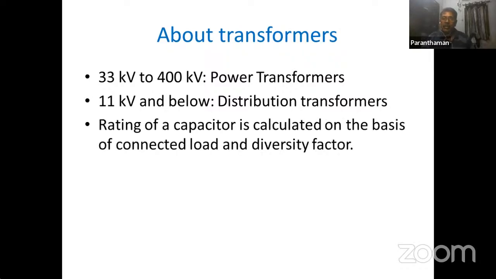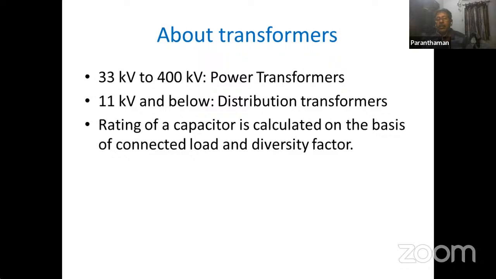Rating of capacity is calculated on the basis of connected load and diversity factor. What is the diversity factor? For a particular area, we calculate the connected loads and find it as 800 kilowatt. But actually, when we use an online meter and check the load even during peak hour, it will not be beyond 450 kilowatt or so.